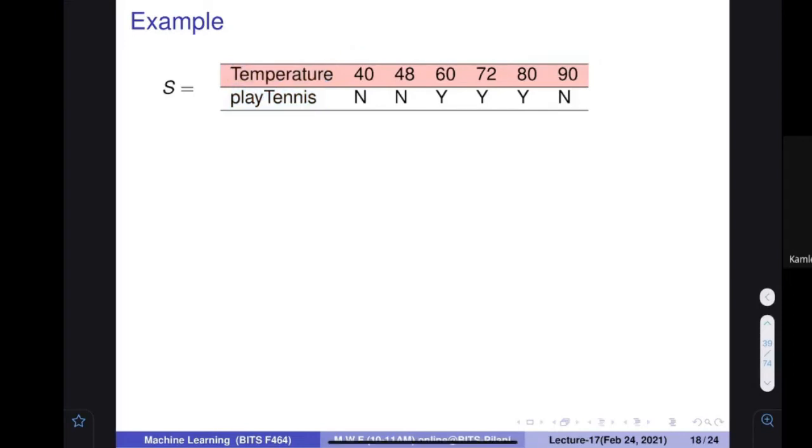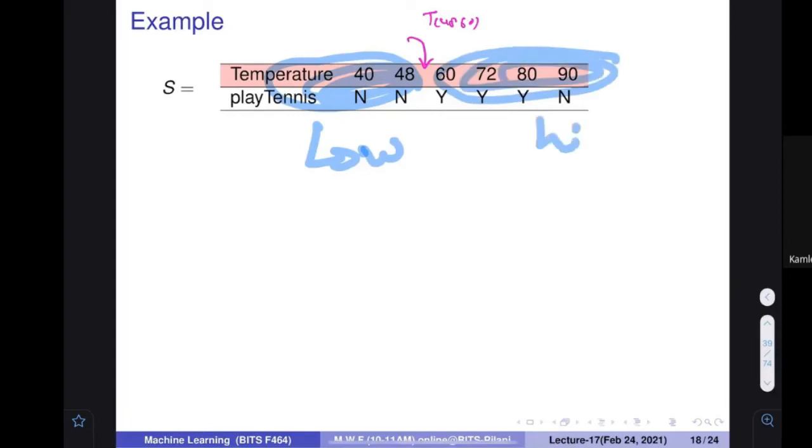If I take this particular value as a threshold, say T48, then I say these values are low temperature and these values are high temperature. So I can convert these numerical values to categorical values, low and high, using a threshold.